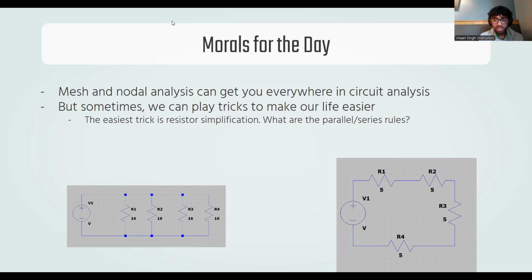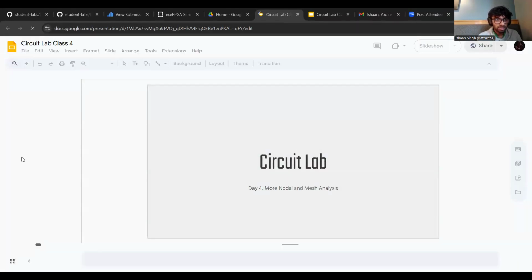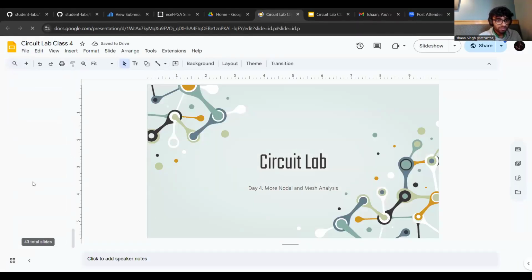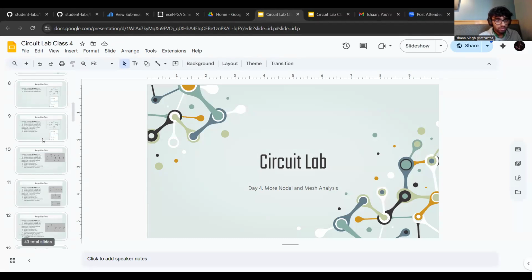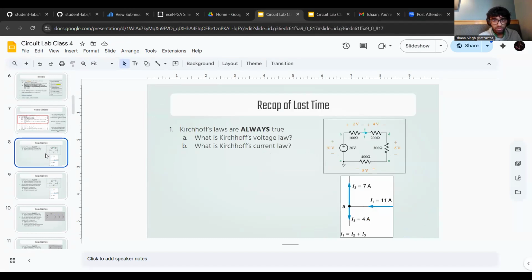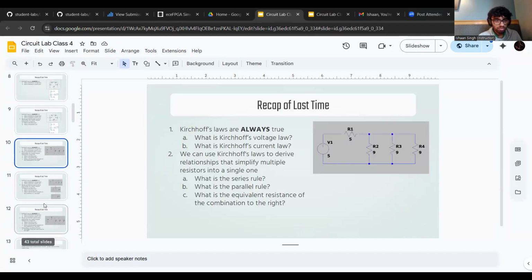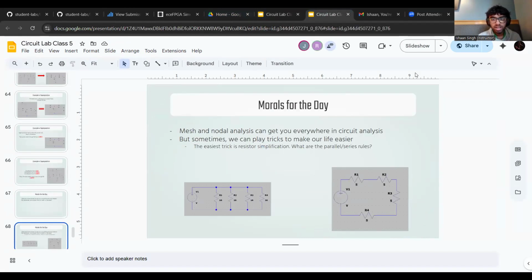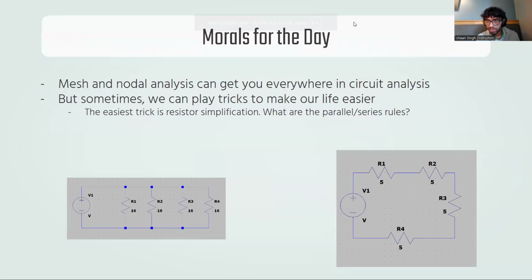Yep. So the right is 20, the left is 4. Remember the rule. But the point is, you know the equations for parallel and series simplification. Okay, and you can look those up if you forgot it.